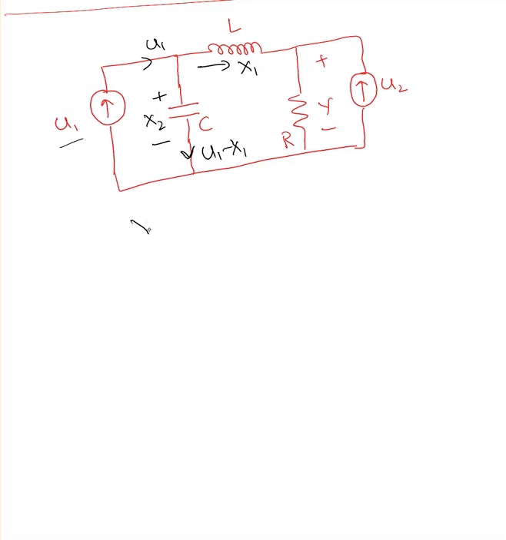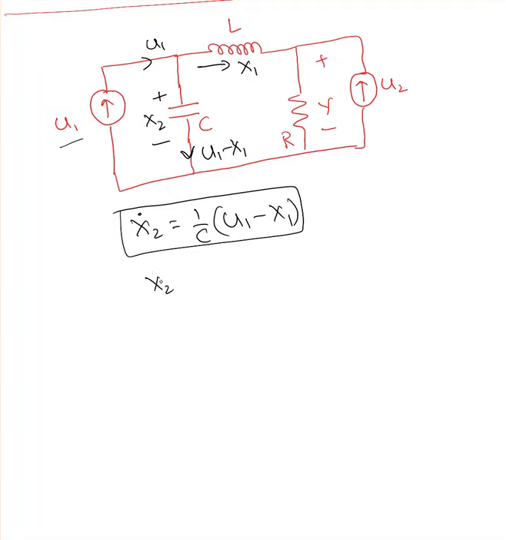Can I say x2 dot equal to 1 over C times (U1 minus x1)? Excellent. I already have one equation. So basically my x2 dot equal to minus 1 over C x1 plus 0 x2 plus 1 over C U1.